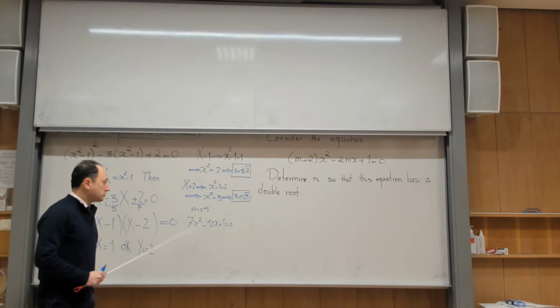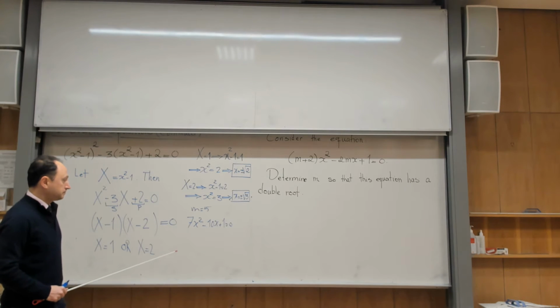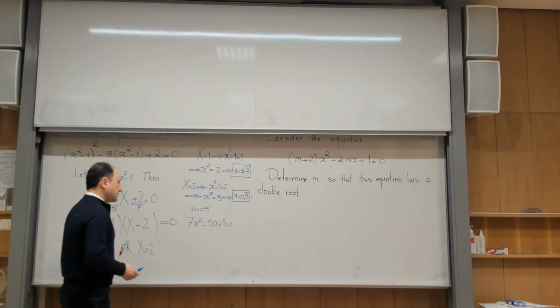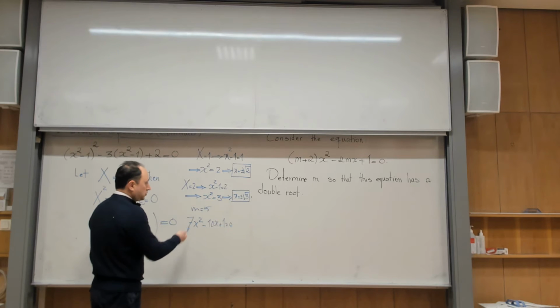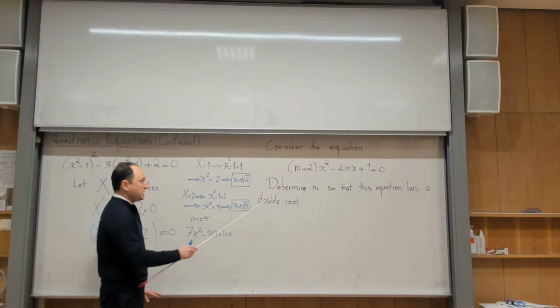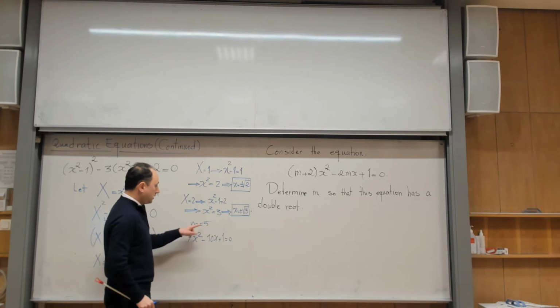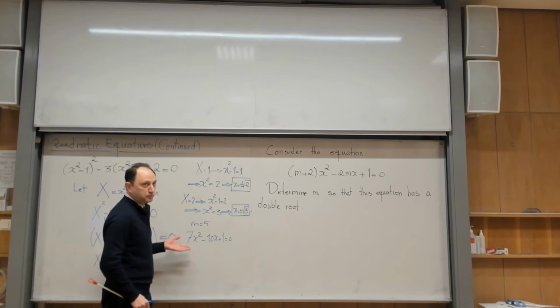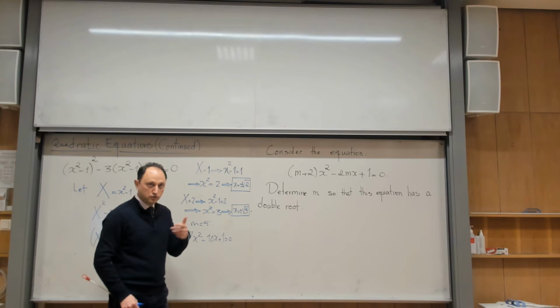So m equals 5 is not one of them. But you can change m to any other number. The point is that by changing m to a number, you generate a quadratic equation. For this quadratic equation, in principle, you have three scenarios: either two roots, one root, or neither.